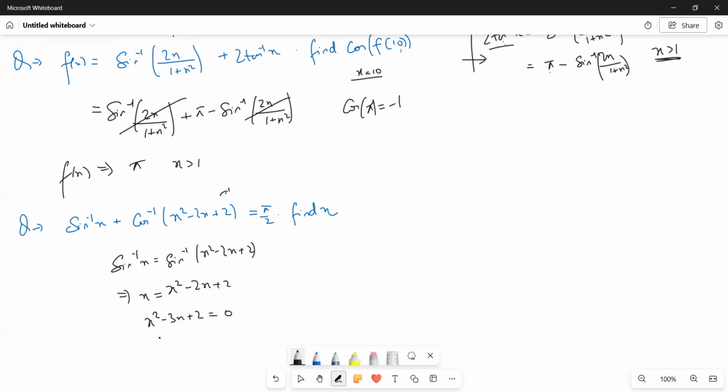What will be its roots? X is equal to 1 and 2. But 2 is not possible. Obviously there is a domain restriction, 2 is not possible. So x is 1. Correct. Okay, next question.